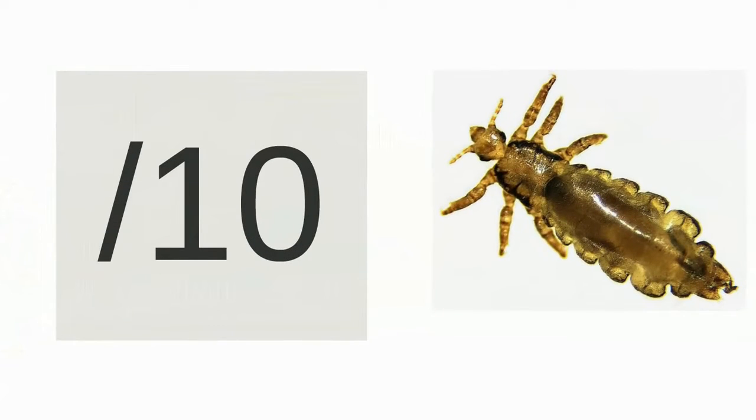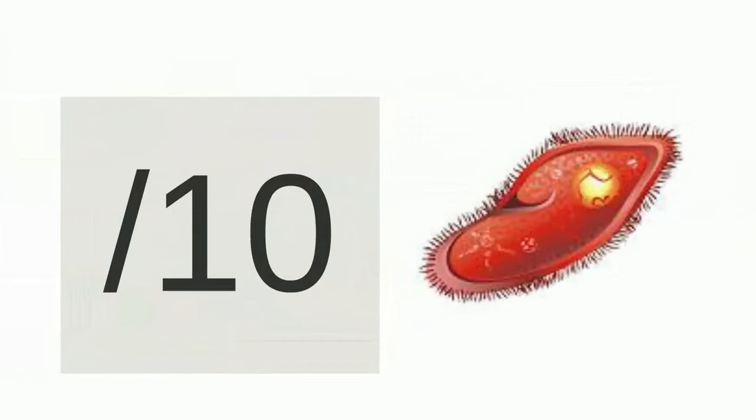Are you following me? Because this is going to become smaller, because I need something 10 times smaller than a louse. And that could be, for example, an amoeba. An amoeba is the biggest unicellular living thing. Remember, a unicellular living thing is a living thing that is made of only one cell, but this is like the giant of the unicellular living things.